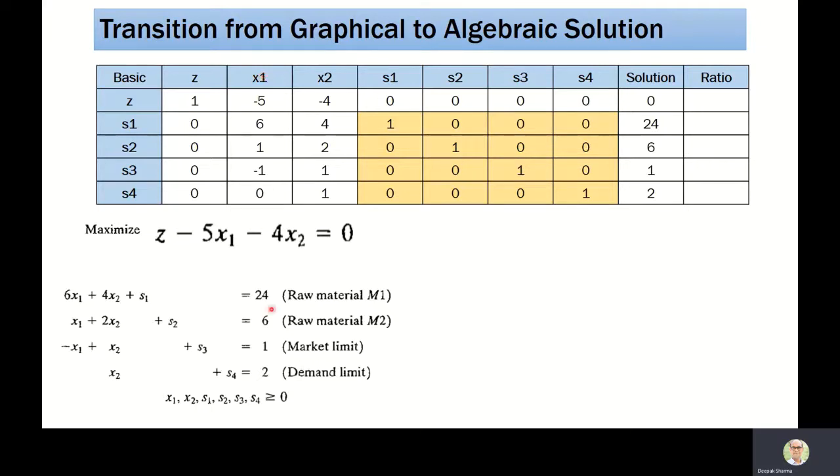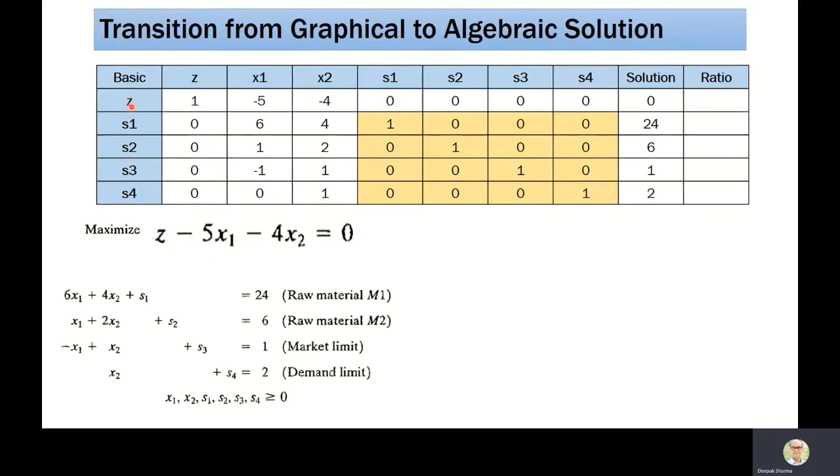We remember that we had 6 variables, so I'm writing x1, x2, s1, s2, s3, and s4. Now let us fill this table with the coefficients, since we have rewritten the objective function in the previous slide.